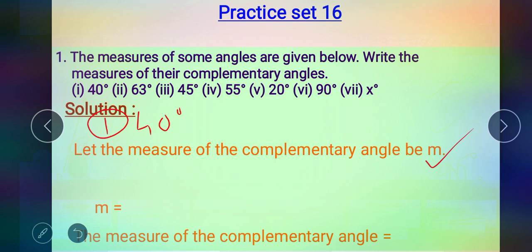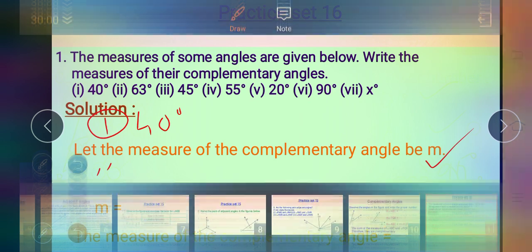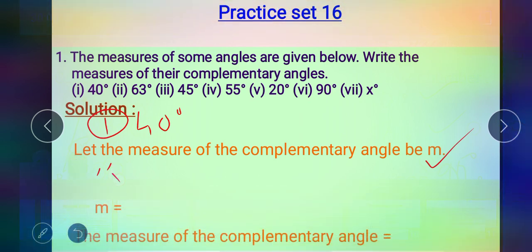We know that the sum of complementary angles must be 90 degrees. Therefore we can write 40 plus m is equal to 90 degrees.